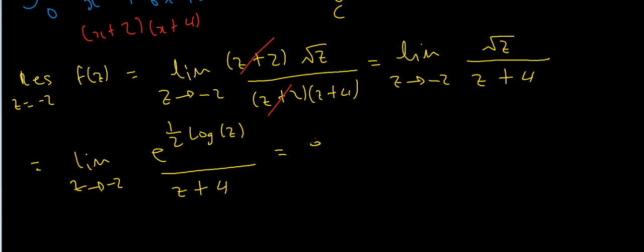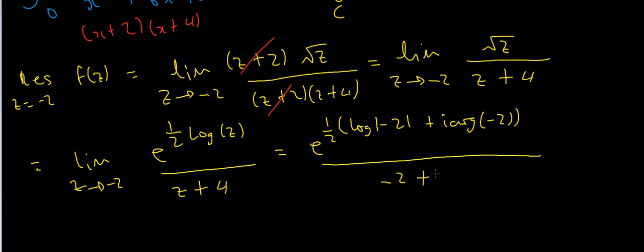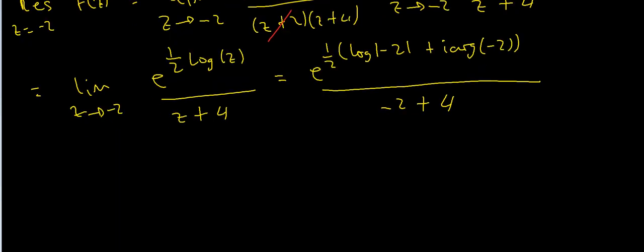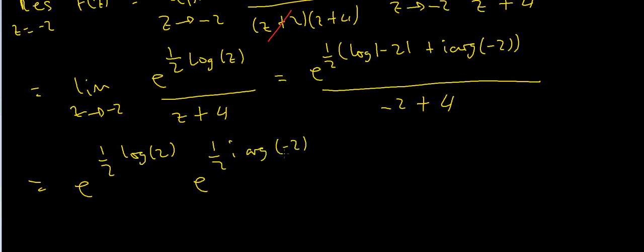Well, I'm going to get e to the power of 1/2 open brackets log of the modulus of minus 2 plus i times the argument of minus 2, all divided by minus 2 plus 4. I'm just replacing z with minus 2. Okay, and what is that? Well, the modulus of minus 2 is 2. So that's e to the power 1/2 log of 2 times e to the 1/2 i times the argument of minus 2. And that's all divided by minus 2 plus 4, which is just 2.